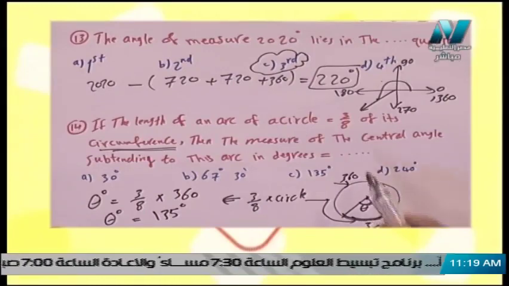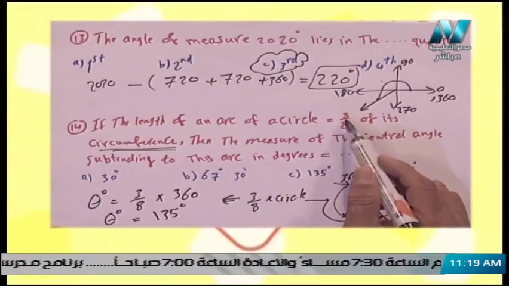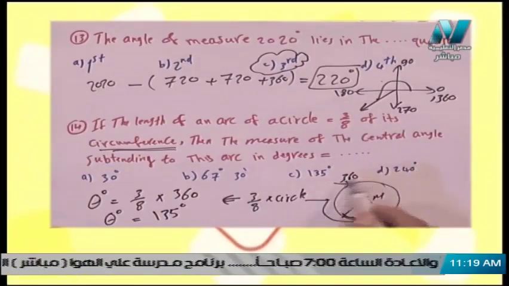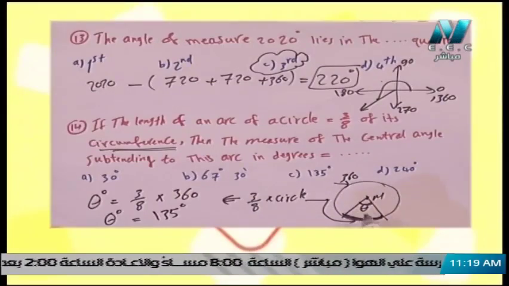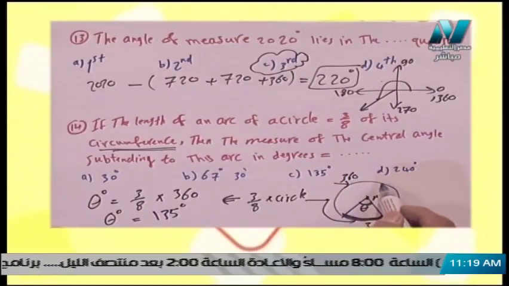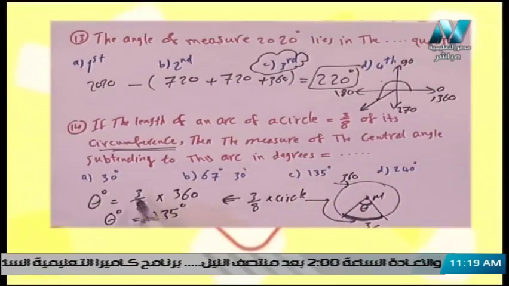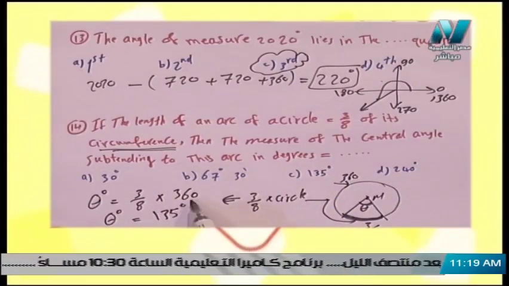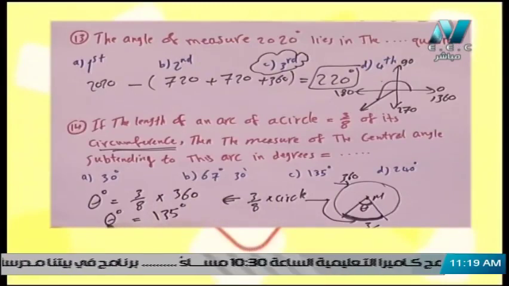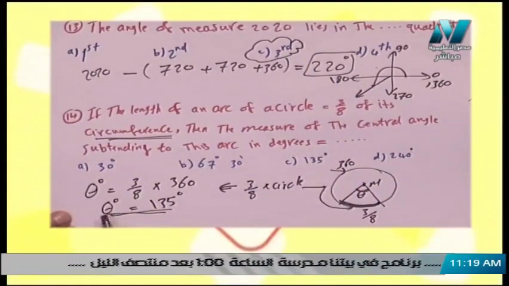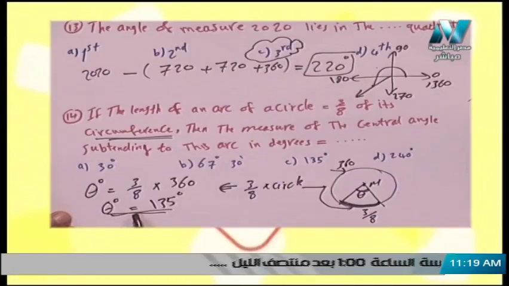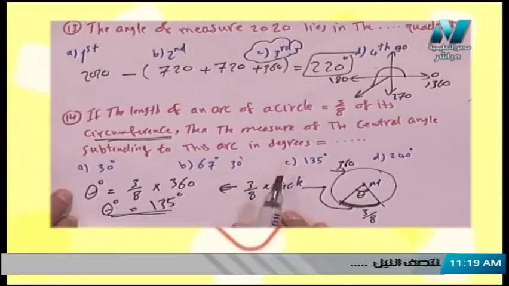Okay, and if the arc equals 3 over 8 the circumference, it will also be 3 over 8 the measure of the whole arc of the circle, and we put 3 over 8 multiplied by 360, we will get theta here. Okay, we will get theta degrees equals 135 degrees.